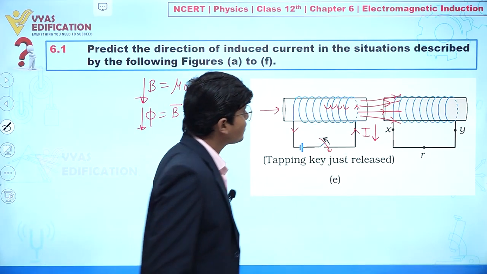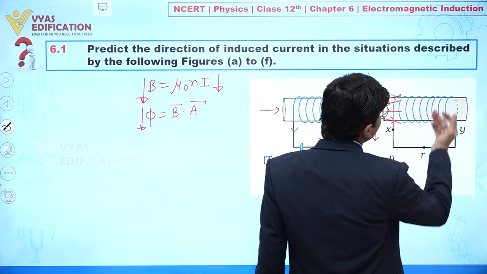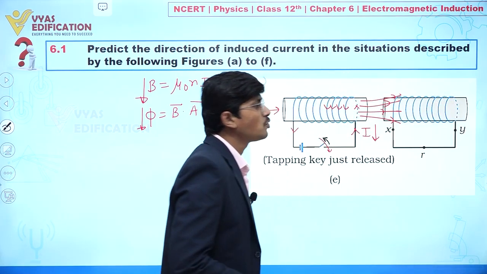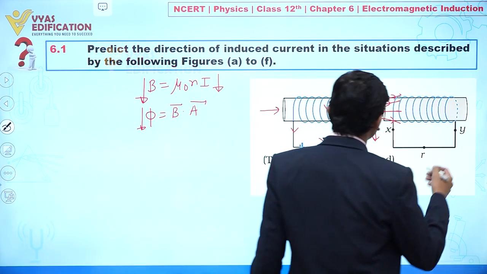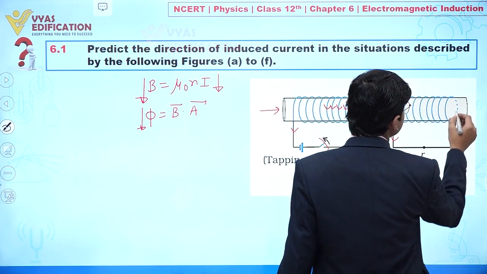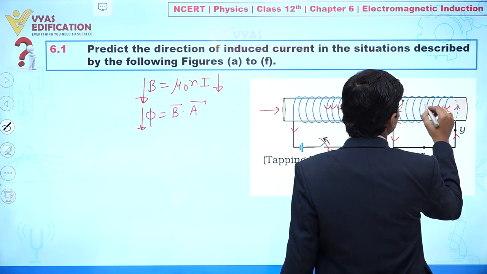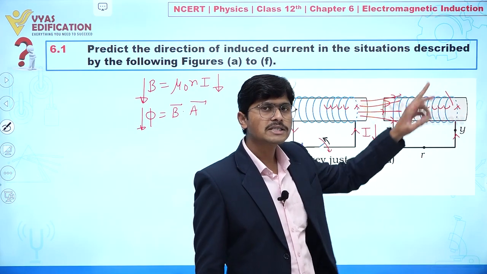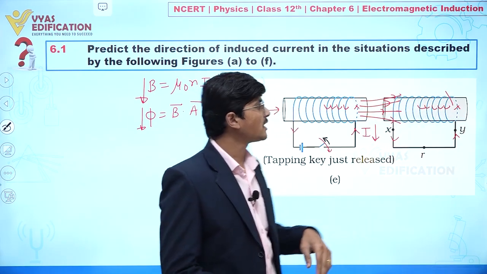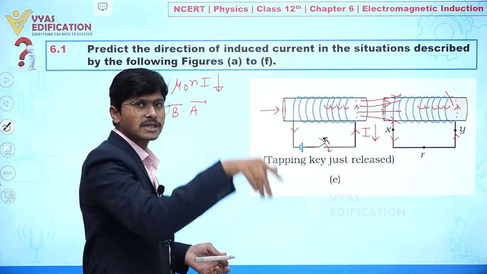Clear? So at the time current will flow in this direction, it will try to increase the magnetic field. So again current will be flowing like this.